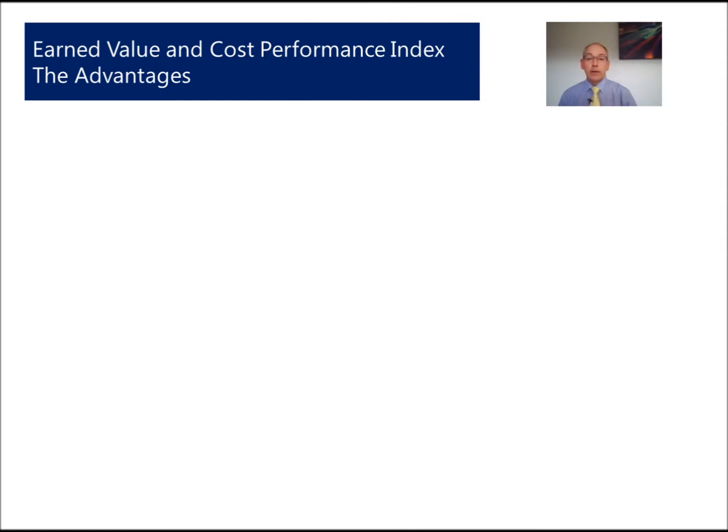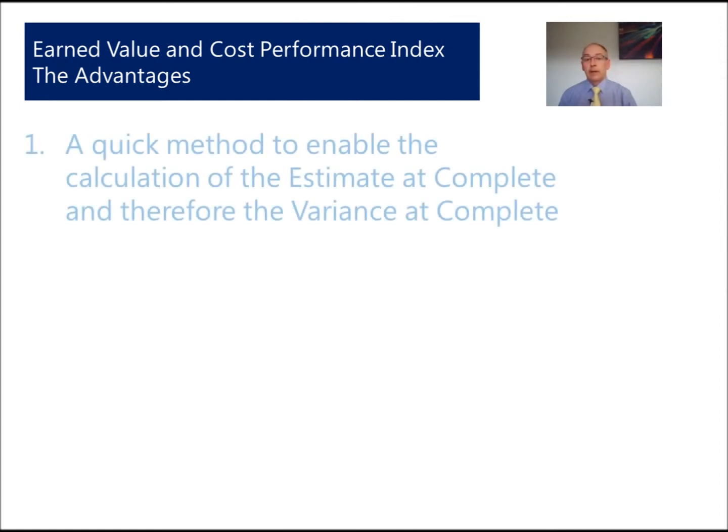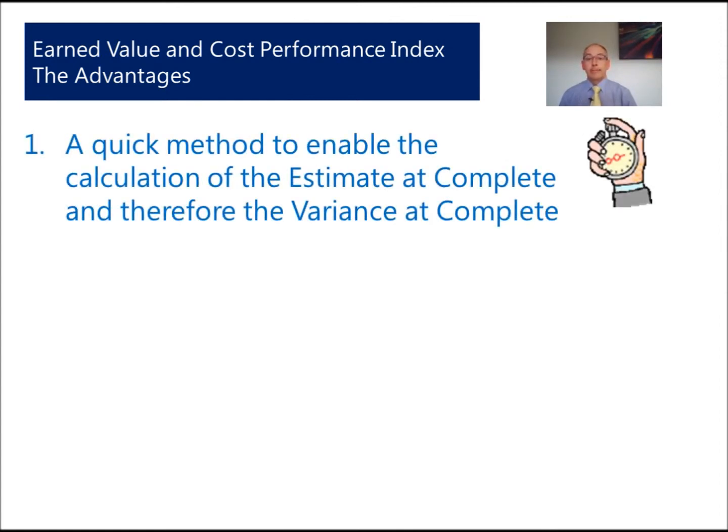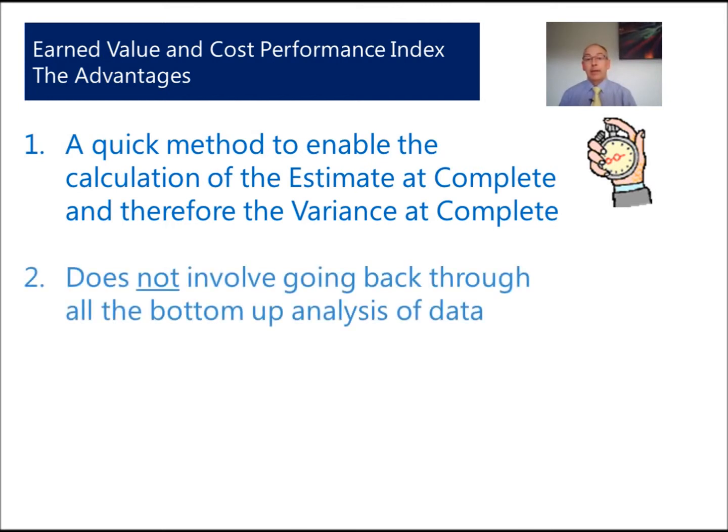Now we'll identify 6 advantages. Let's look at the first 3. Perhaps the most important is that it is a quick algorithm to calculate the new estimate at complete. We know what our budget at complete is, that's how much we have to spend. What we want to know is, what is the estimate at complete and is there a variance at complete? The next thing is that it's quick.